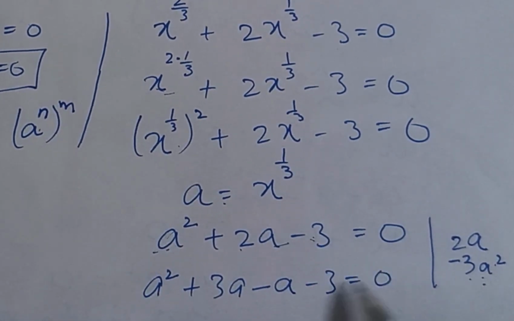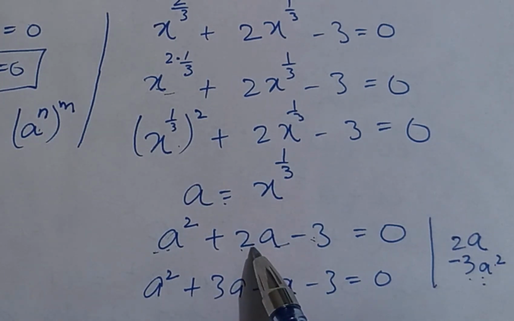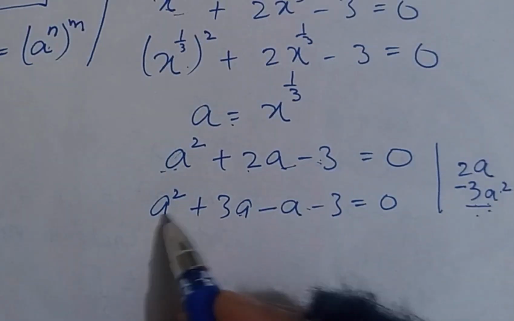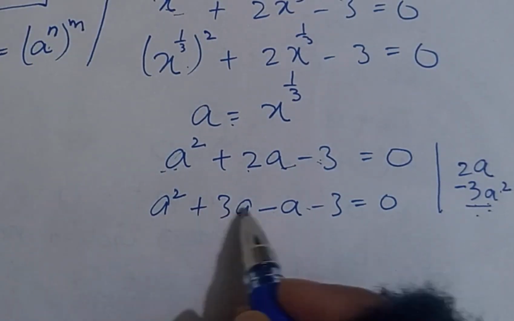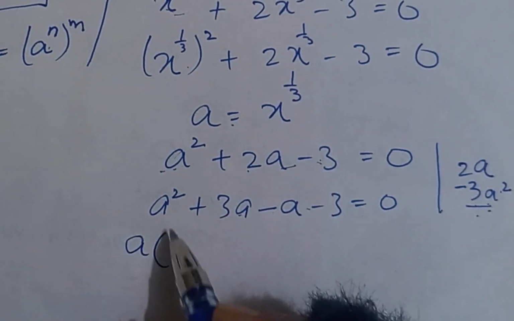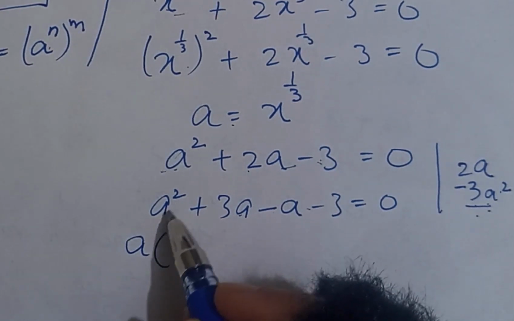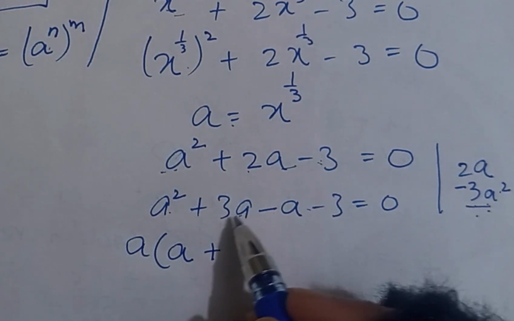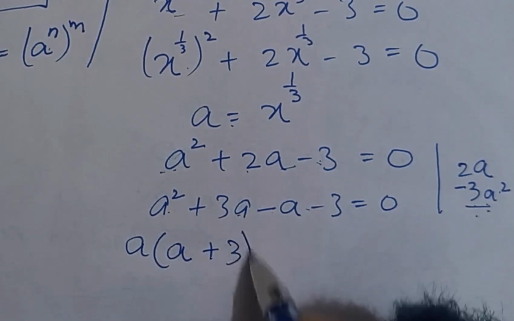The right hand side is 0. Notice that plus 3a minus a is equal to plus 2a, and if we multiply 3a by minus a, then we get this minus 3a square. Look at the first two terms, a is involved in these two terms, so we take a common. Then if we divide a square by a, we get a plus this is 3a, and divide 3a by a, we get 3.